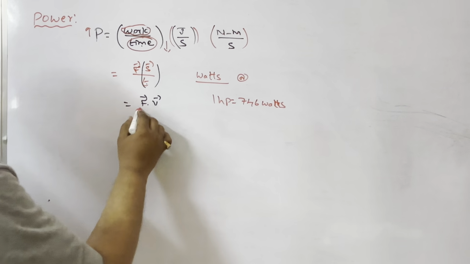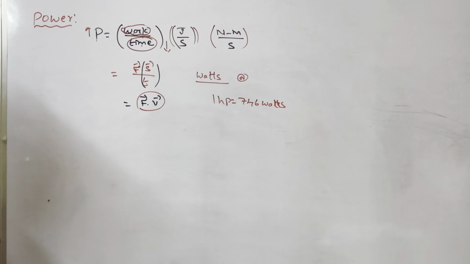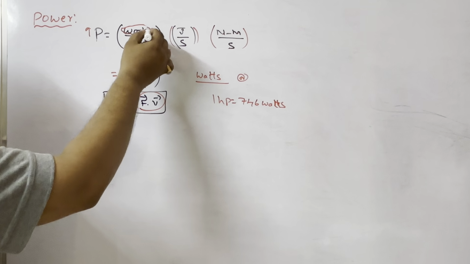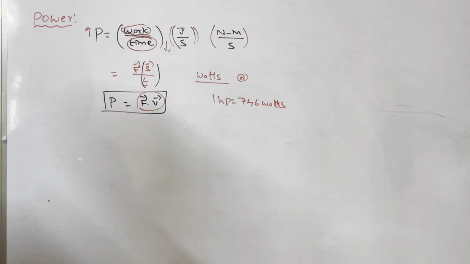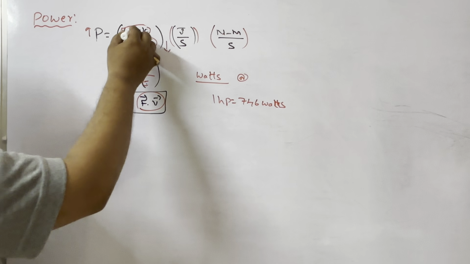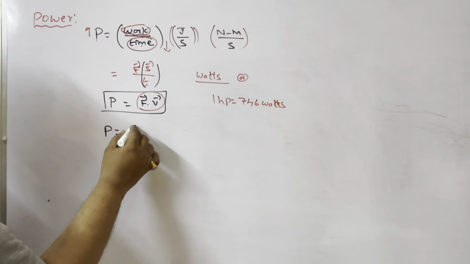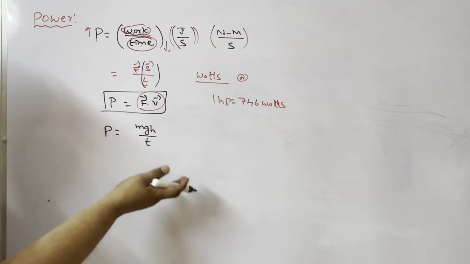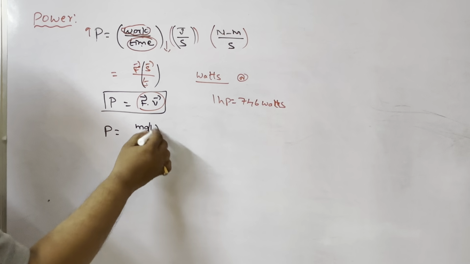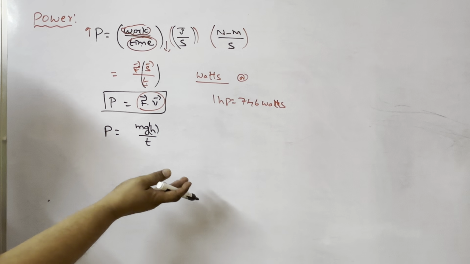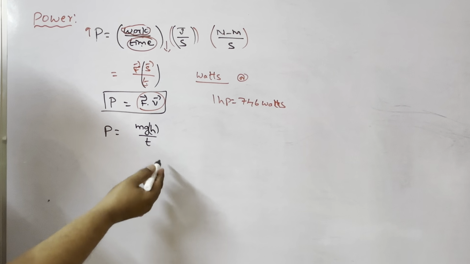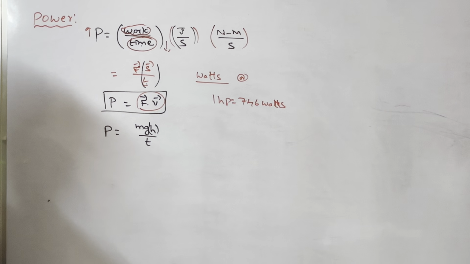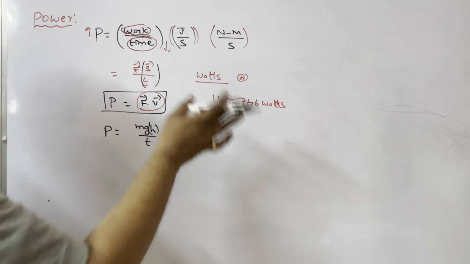Correct? So this F bar dot V bar is also one of the equations for power. And according to our work, energy, power lesson, this work can be written as potential energy by time if they have given some height. One person is going to the third floor within 5 minutes, another person in 10 minutes, in 15 minutes, in 1 hour.